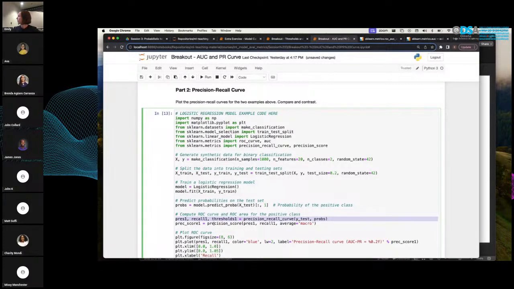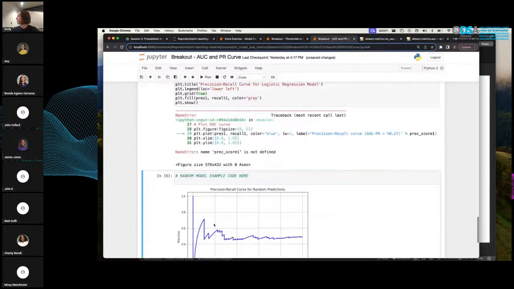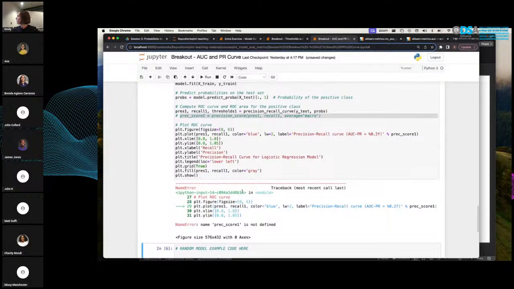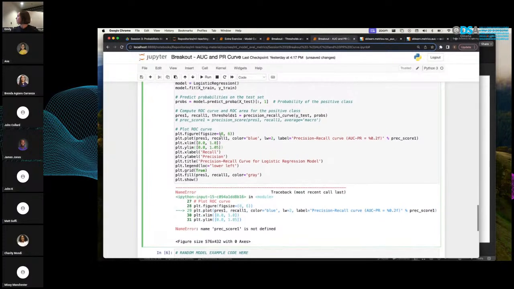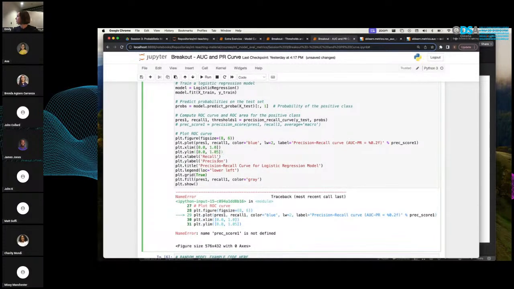Oh, correct, that line. Run that. This is saying, correct score 1 is not defined. So it's trying to use that. Okay, just get rid of the end of that. Yeah, just put quotes in there or something.